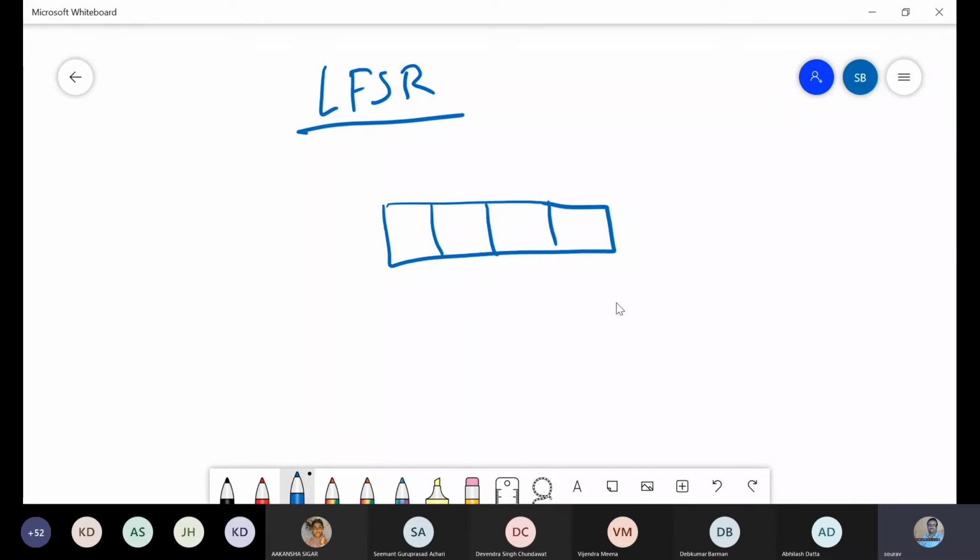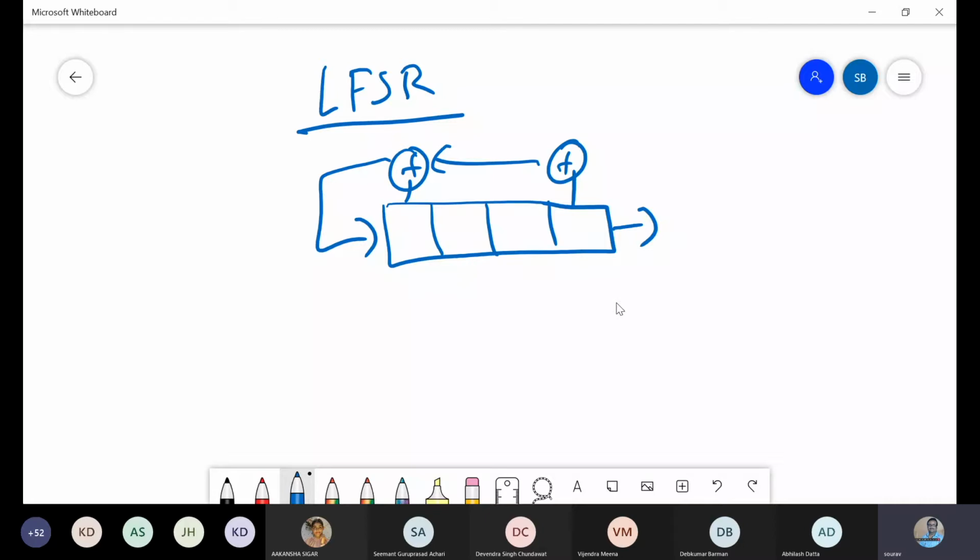Each register is a flip-flop which can store a single bit, and in each clocking, it can update its bits depending on the connection. So you may have a connection over here, you may have a connection over here, like this. So this is one example of LFSR.